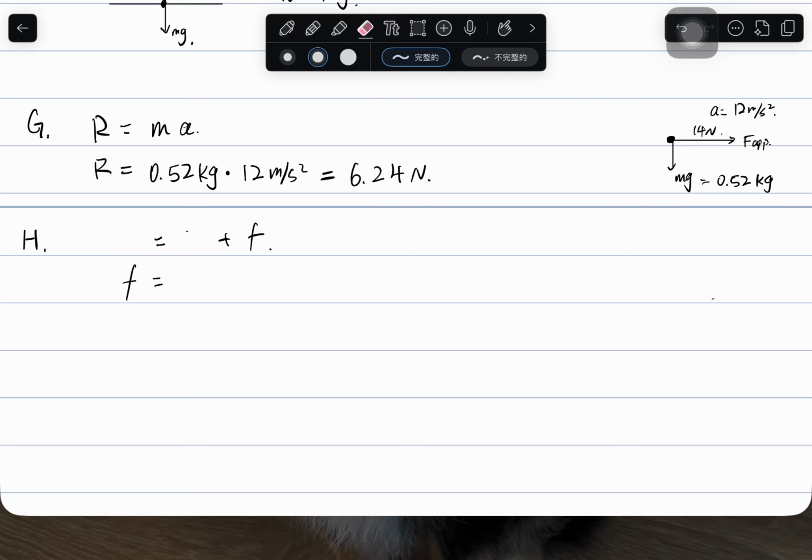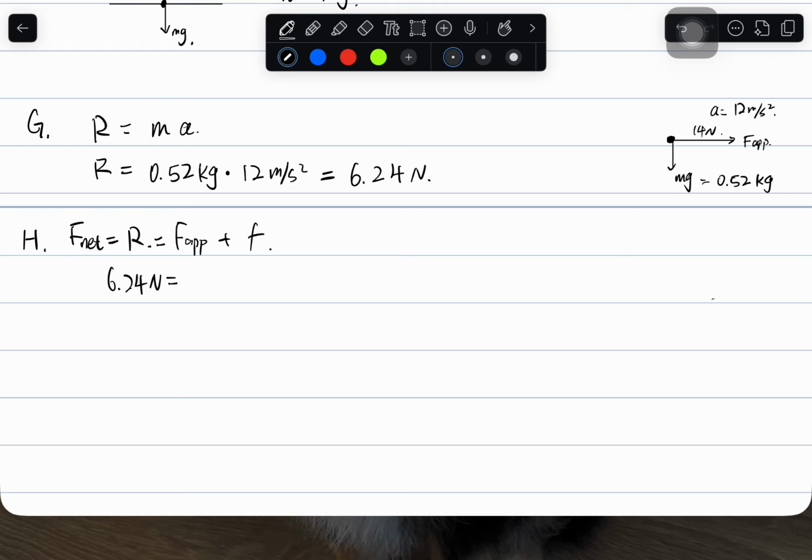The net external force of 6.24 Newtons equals the applied force plus the friction, so all the external forces added together.